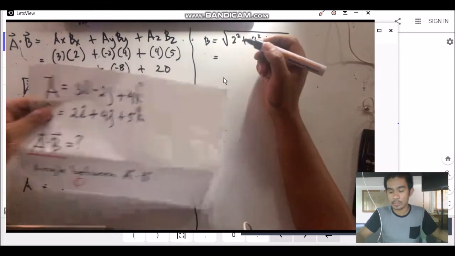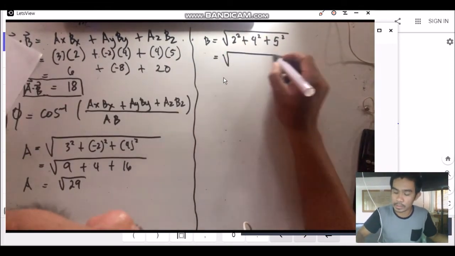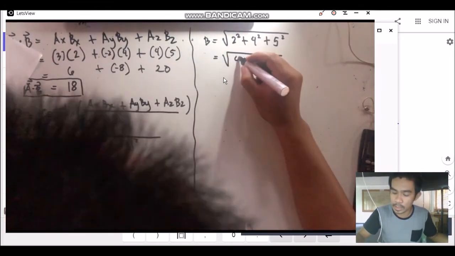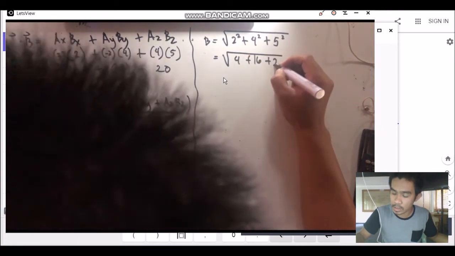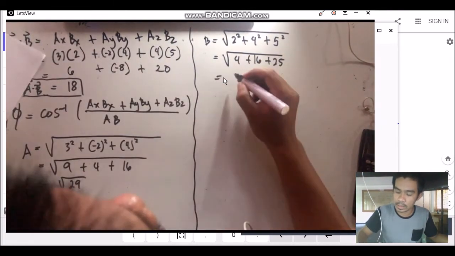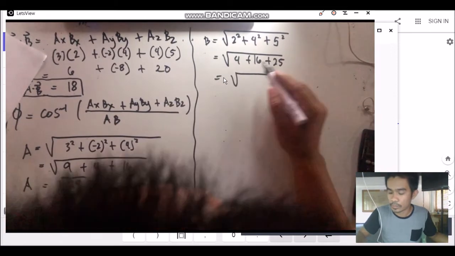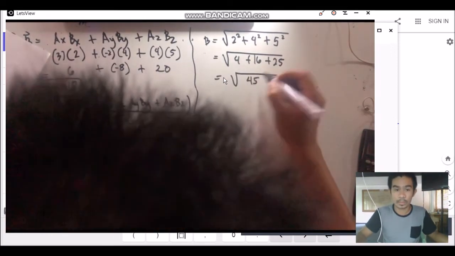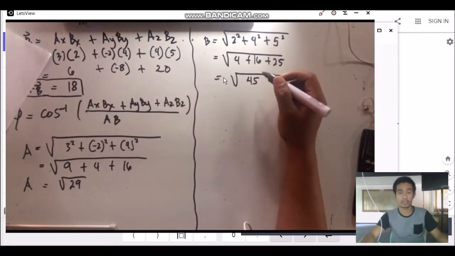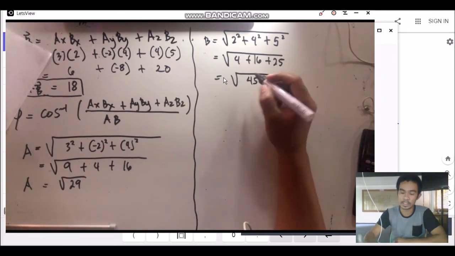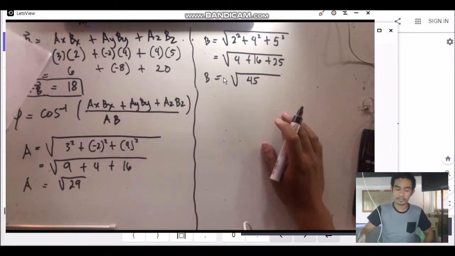So the magnitude of vector B is the square root of 4 plus 16 plus 25, and that is the square root of 45. That is the magnitude of vector B.